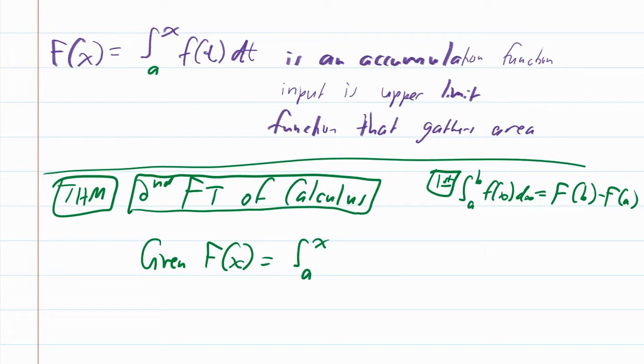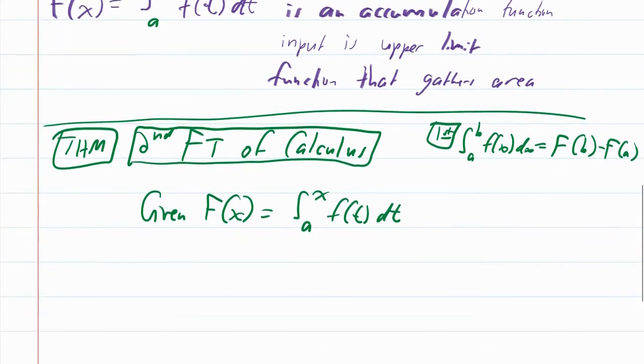But given that F of x is equal to the integral from a to x of f of t dt, so F of x is an accumulation function. Given that, then the derivative of this, F prime of x, is equal to, okay, ready for this?